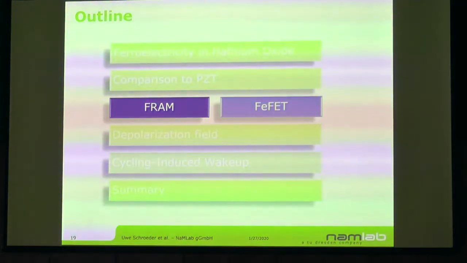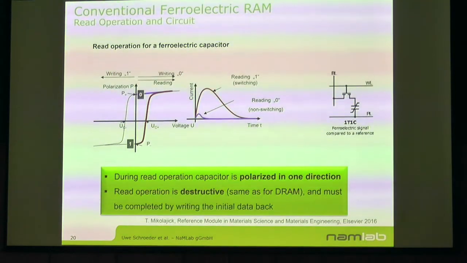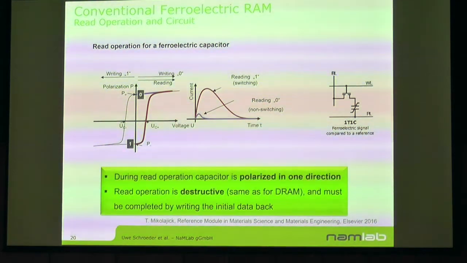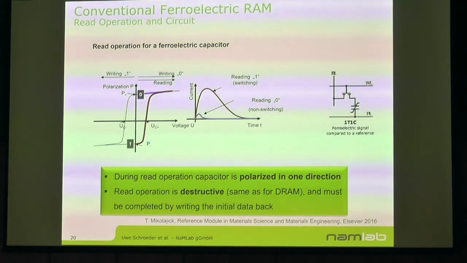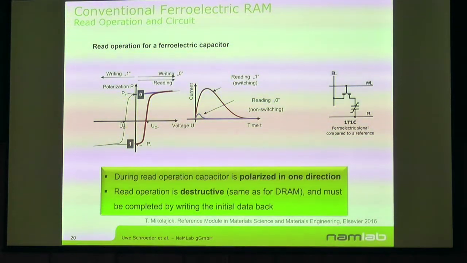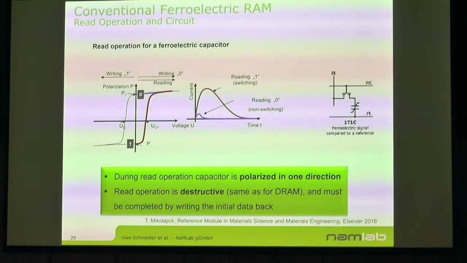Okay, now coming to the devices. This is one of the devices you find at device conferences. Basically, you have in a memory cell the capacitor, where you can store your information, and the transistor for selecting your information. The main important thing you need for these capacitors is that they can switch a lot of times.